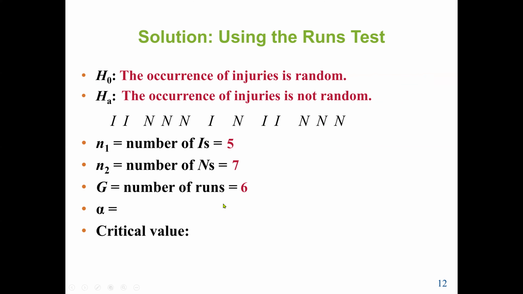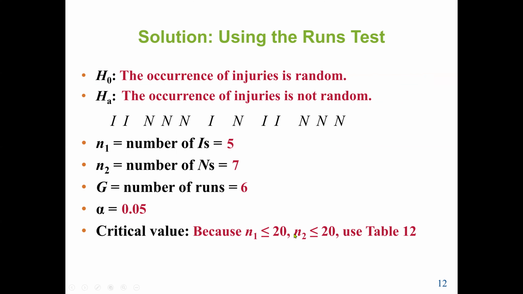So that will be 6. Alpha is 0.05. Since both N1 and N2 are less than or equal to 20, we need to use Table 12, which is the table for finding the critical value for the runs test.